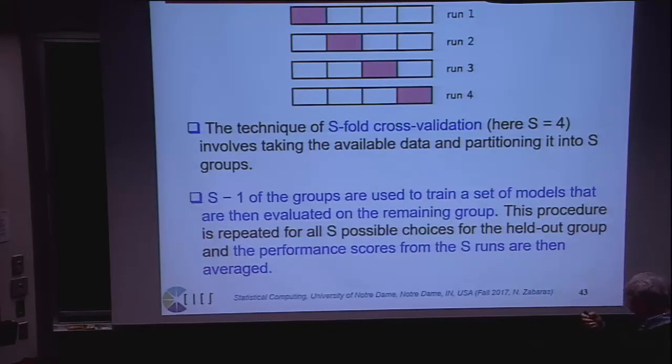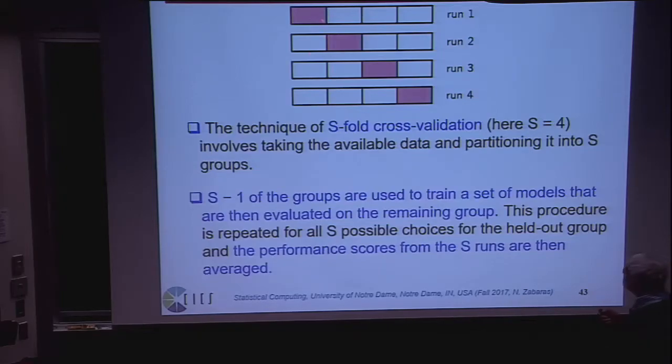Imagine that your data set is all of these points that you see there. Let's say they split the data set into 4 pieces, and they use 3 of the pieces to train the model, and then the 4th piece to evaluate its ability to make new predictions.